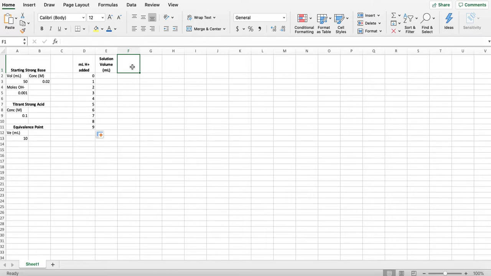So continuing across with our parts here, we're going to want to know the moles of H plus added. I like to center and bold things here. And then from that we'll get moles of OH minus left unreacted.